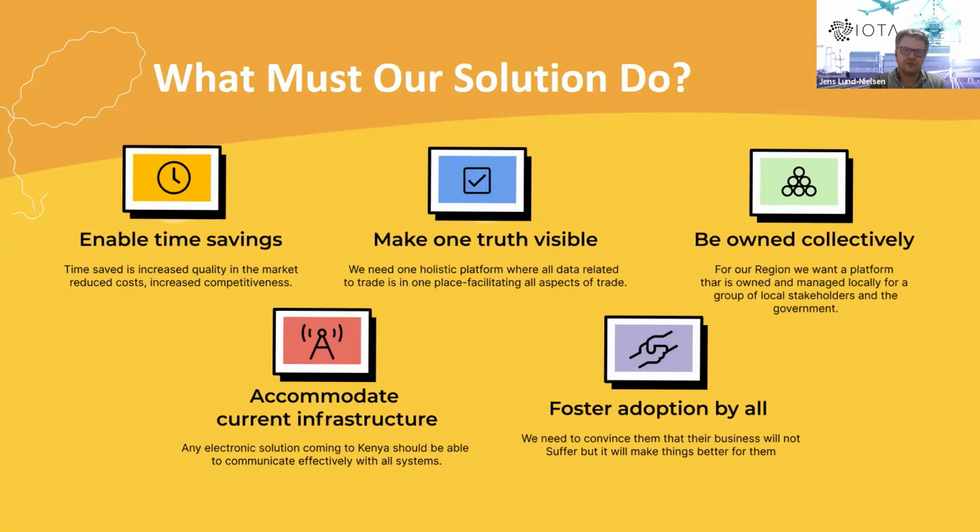So they don't have to rekey data in, but they can just pick it up directly from the source, and always point back and say, this is the source, this is the organization that told us this is the origin of the product, or this is where the product is now, or this is the certificate I need from the Kenyan government to show when I get to the destination market, and so on. So you have all that digitalized and trusted.